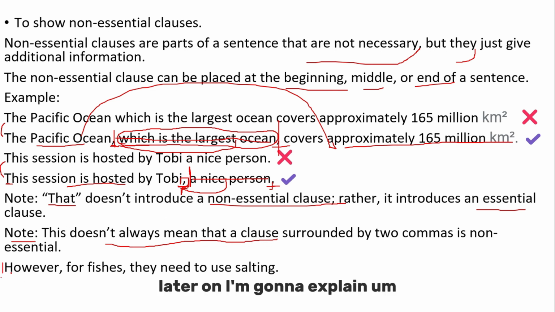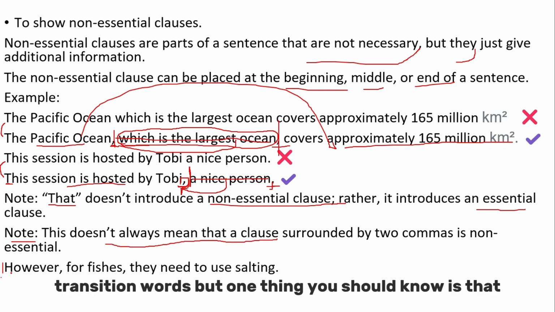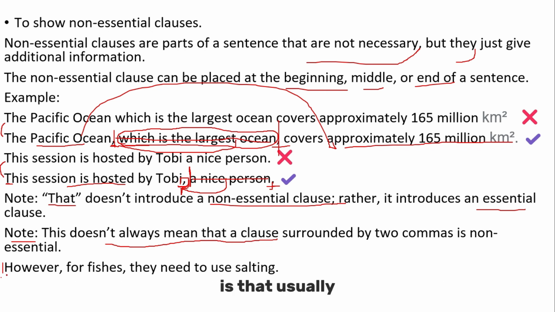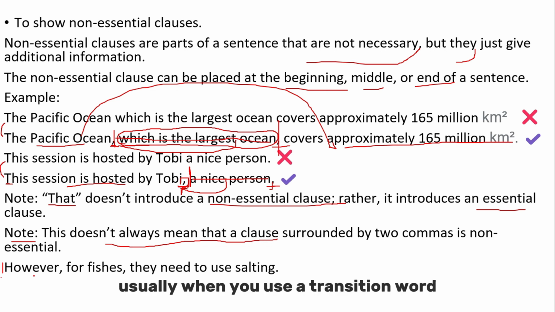Later on I'm going to explain transition words, but one thing you should know is that usually when you use a transition word at the beginning of a sentence, you use a comma after it. So however here is a transition word, so you're going to use a comma after that.